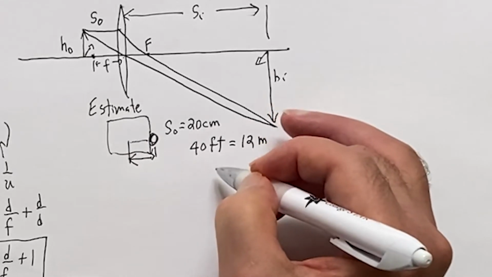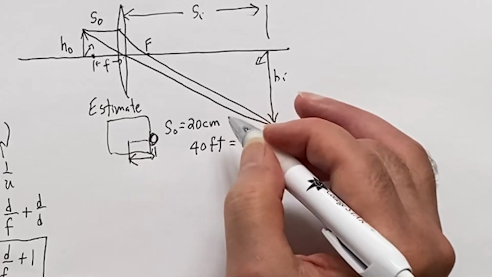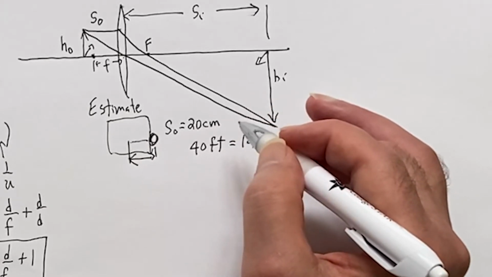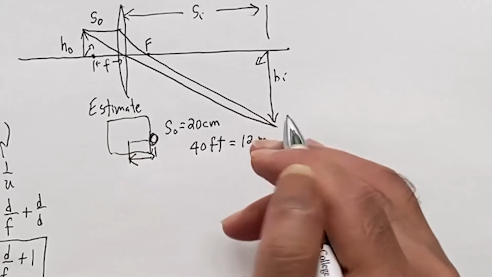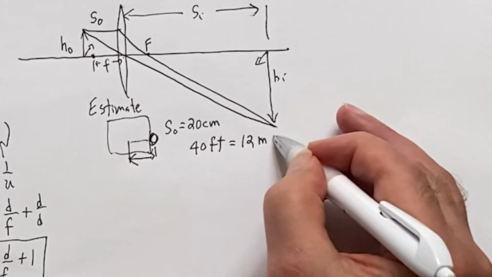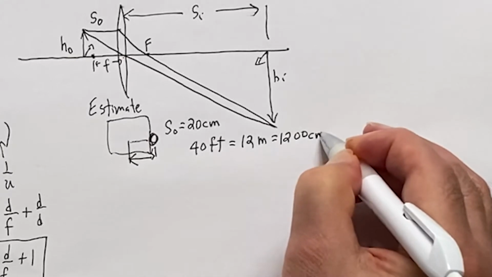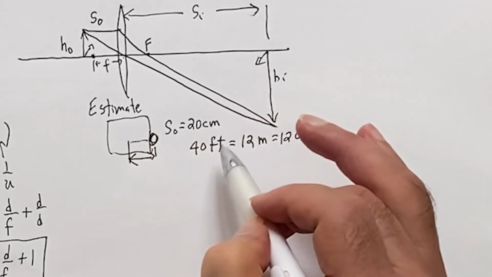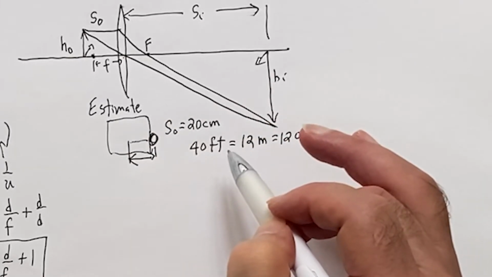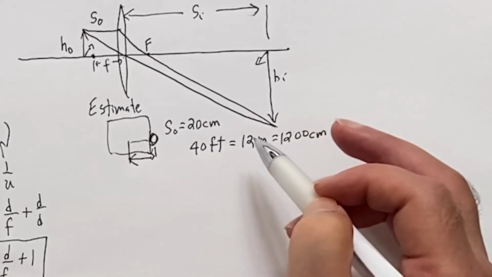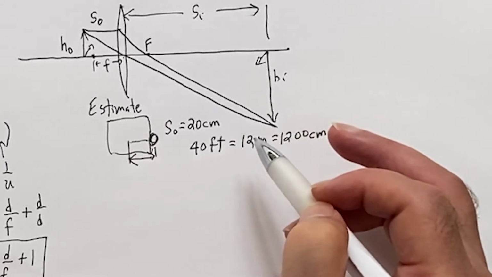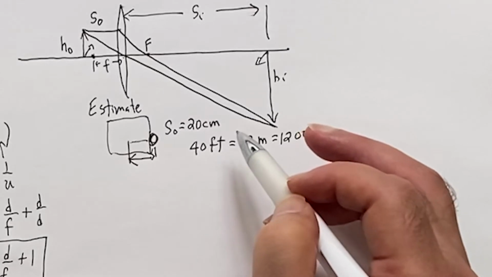If you divide 40 feet by 3, you get about 13 yards, so it's about 12 meters, and that would be 1,200 centimeters. It was so far back, the 40 feet, that I had to buy a better lens with a bigger area so it could project, because usually a slide projector's not that far back.